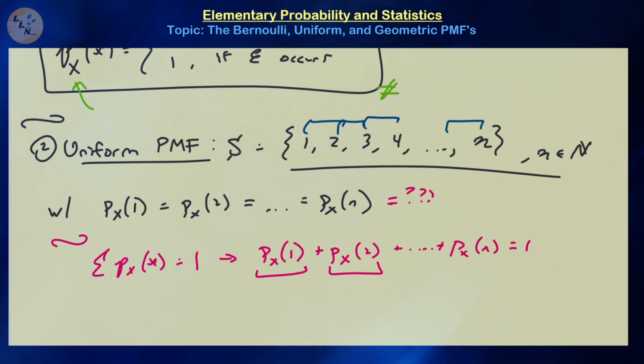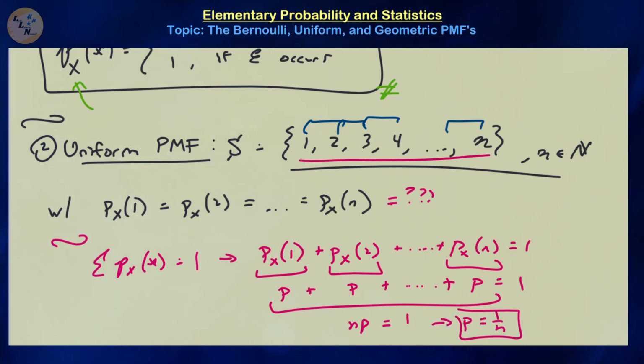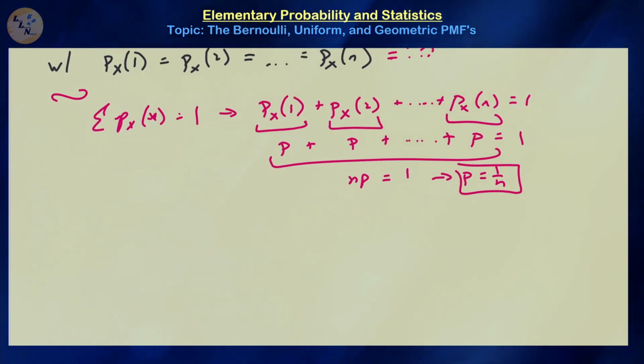They're all equal, so let's just call that value p. So I have p plus all the way out to p is equal to 1. How many p's do I have? Well, I have n of them, and that means that p must be equal to 1 over n, right? Which is sort of, not exactly, the length of this interval. So therefore, we can write our probability mass function.